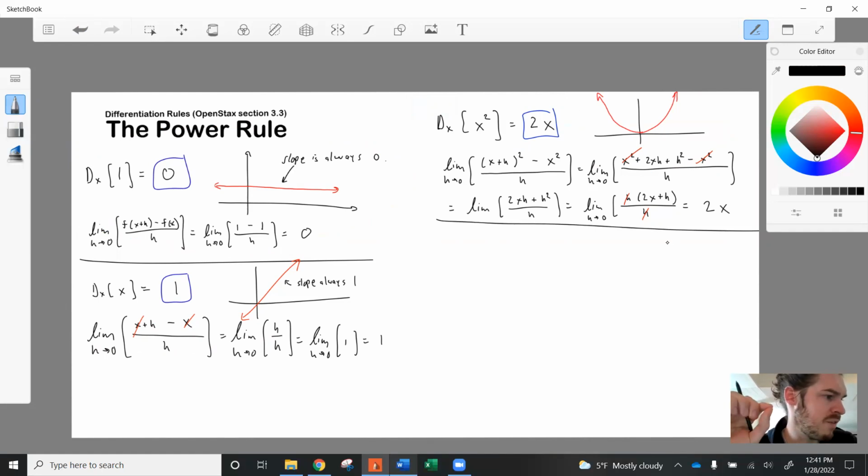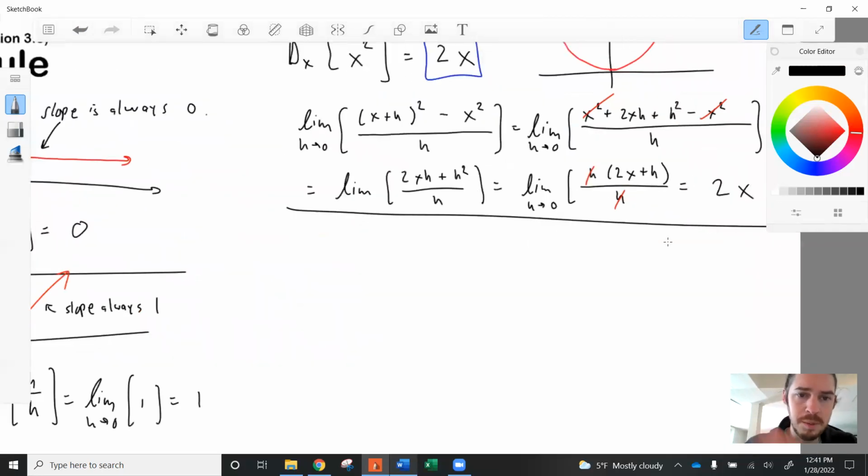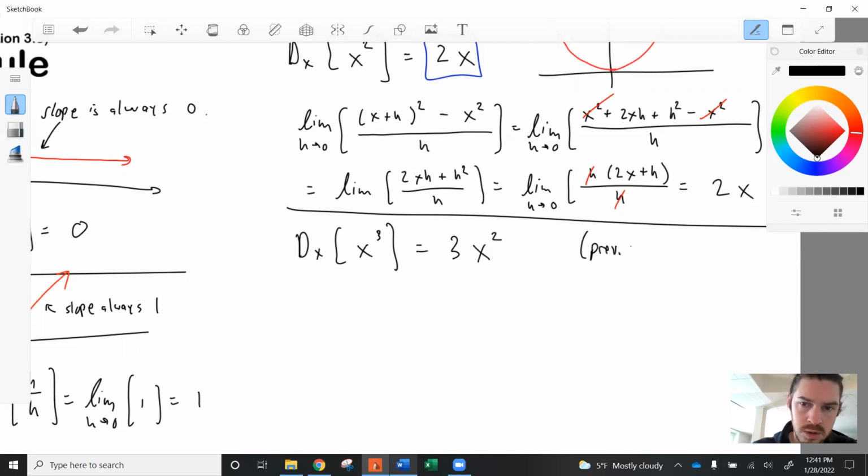I believe I have already done this next example. We showed in a previous video the derivative of x cubed is 3x squared. And let's keep going with this pattern.